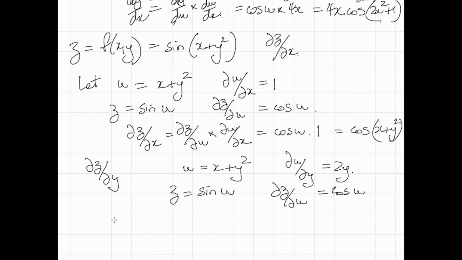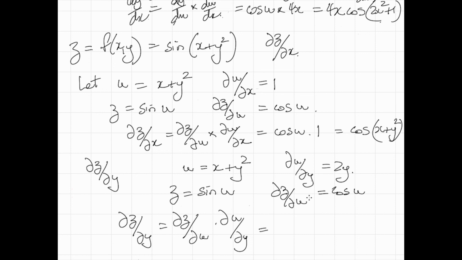So quoting the chain rule, we want partial dz dy will be partial, you always start with this one, partial dz du times partial du dy, and do a check, they will cancel and you get dz dy, yep, that's good.